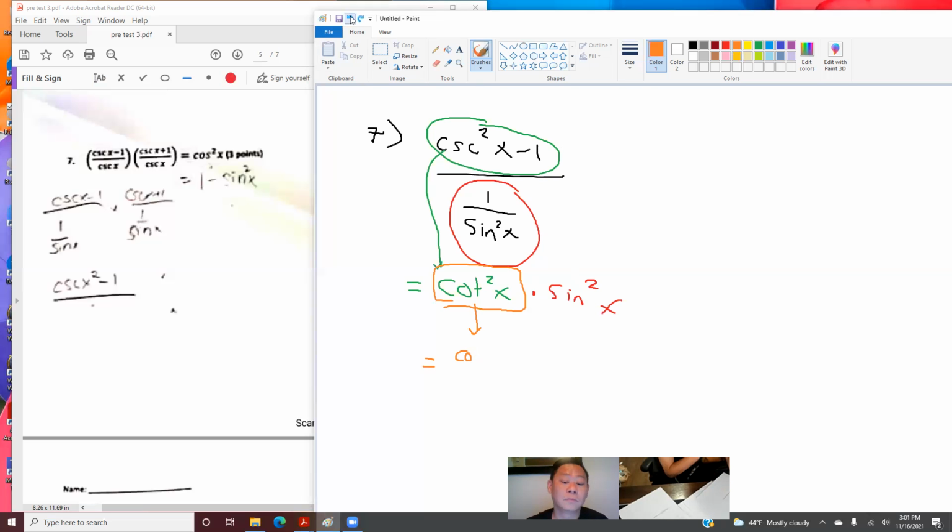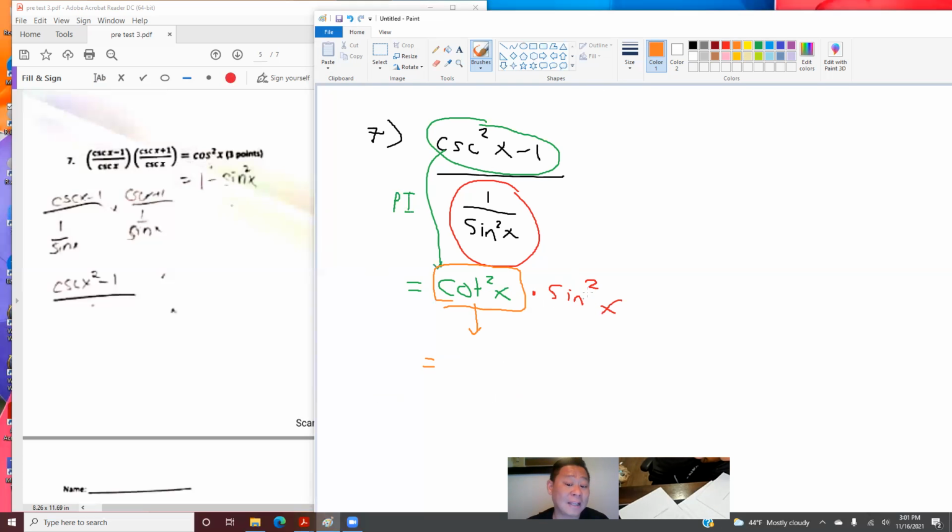No. Don't forget, we need cosine squared x. So that is an identity, changing this without using Pythagoras. Oh, cosine. No, that's not right. 1 over tan? No. We need to cancel.